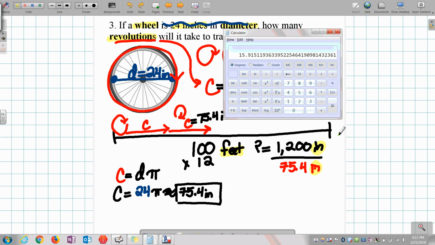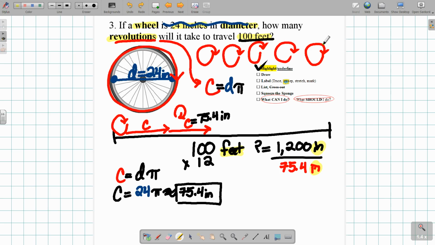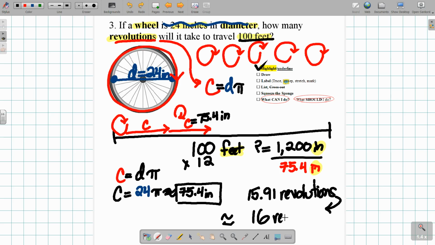And we see we get approximately 15.91 revolutions. And if you do a problem like this on Alex, it's going to want it in whole revolutions, so you can take it to approximately 16 revolutions.